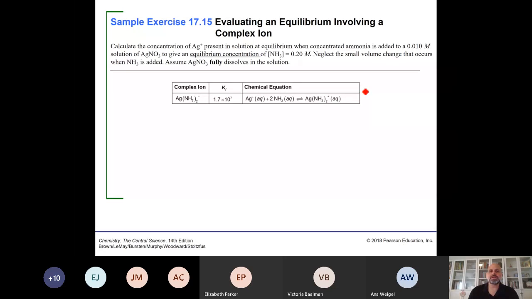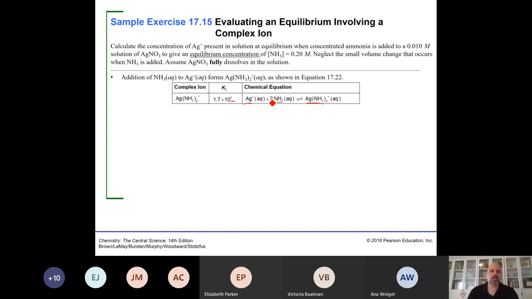Neglect the small volume change that occurs when ammonia is added and assume silver nitrate fully dissolves in solution. So here's the complex ion chemical equation, right? Adding silver with ammonia gives us the complex ion formation. It's got a Kf of 1.7 times 10 to the 7th.